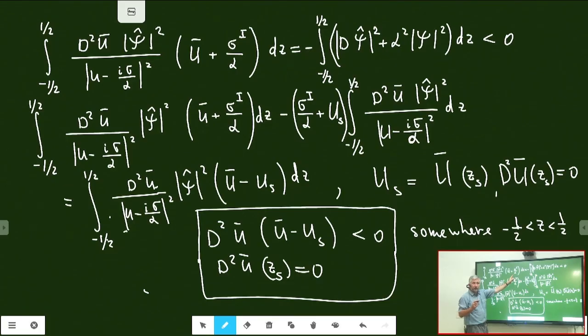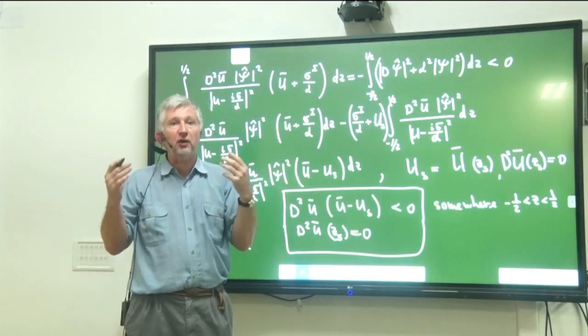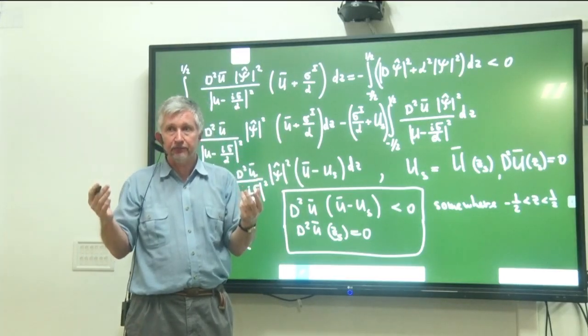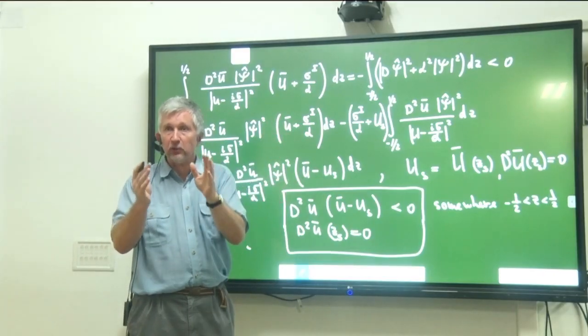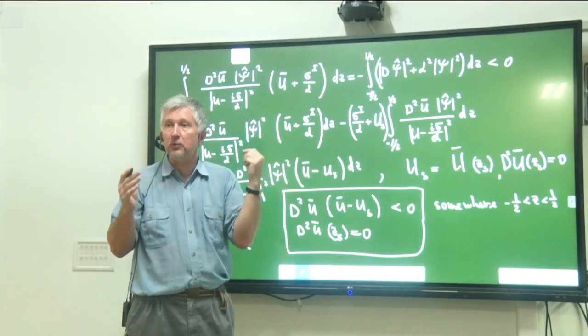Agree? So the integral has to be negative. The integral is essentially the area under the curve. And we said that for the area to potentially be negative, we have to have a function that is negative. And we do have regions where the function or the product that we consider is negative.